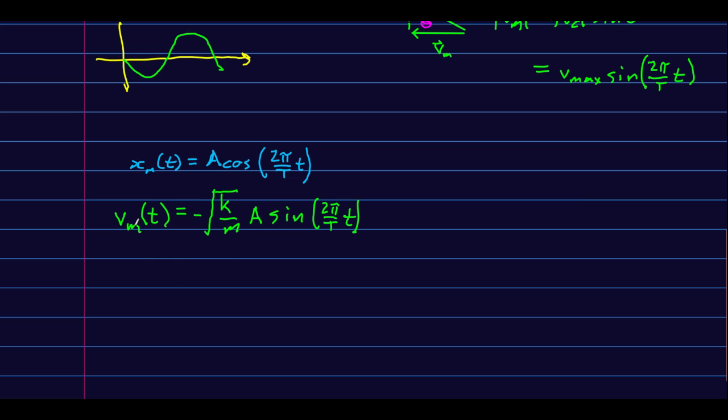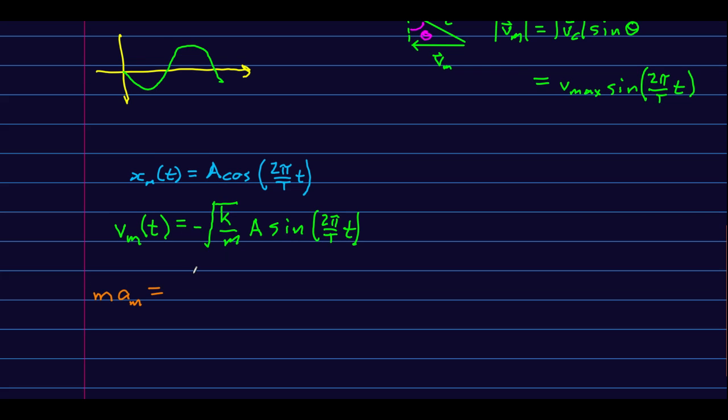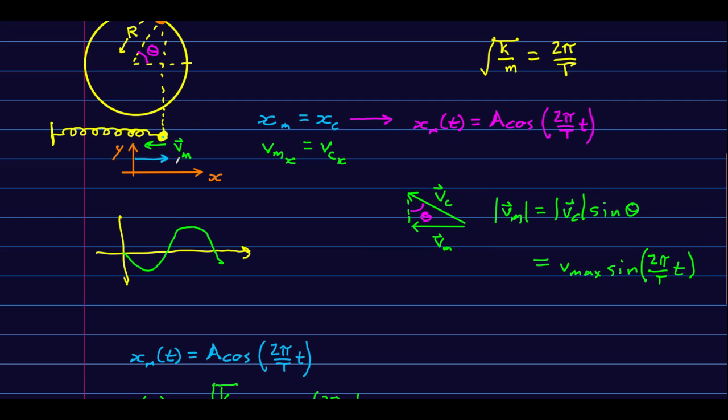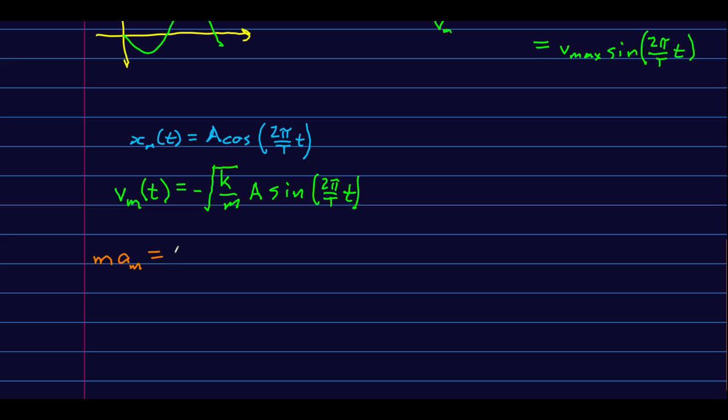Well, look, we have x, we have v, we might as well get the acceleration, or more specifically the x component of the acceleration. And we know that Newton's second law has to apply. So ma has to be the sum of the forces. The only force in the x direction here is the spring force, and it points back opposite the direction of x, so it's just negative kx by Hooke's law.